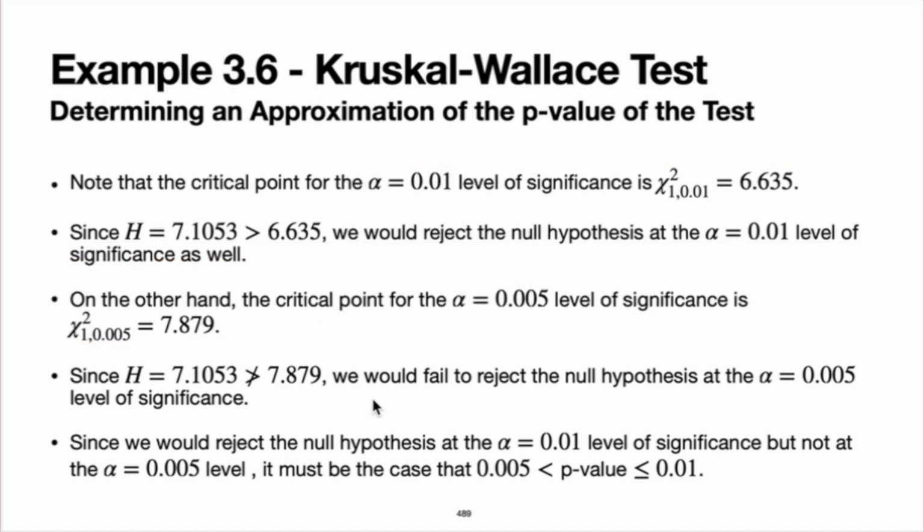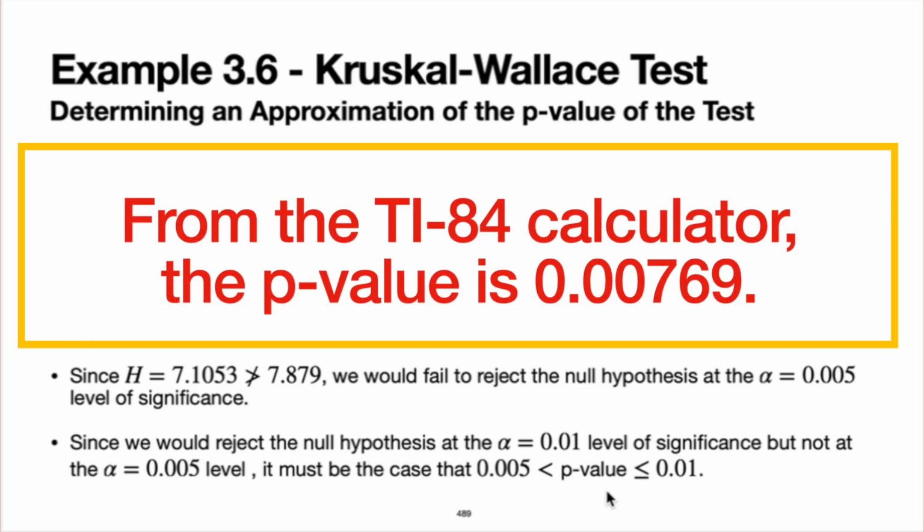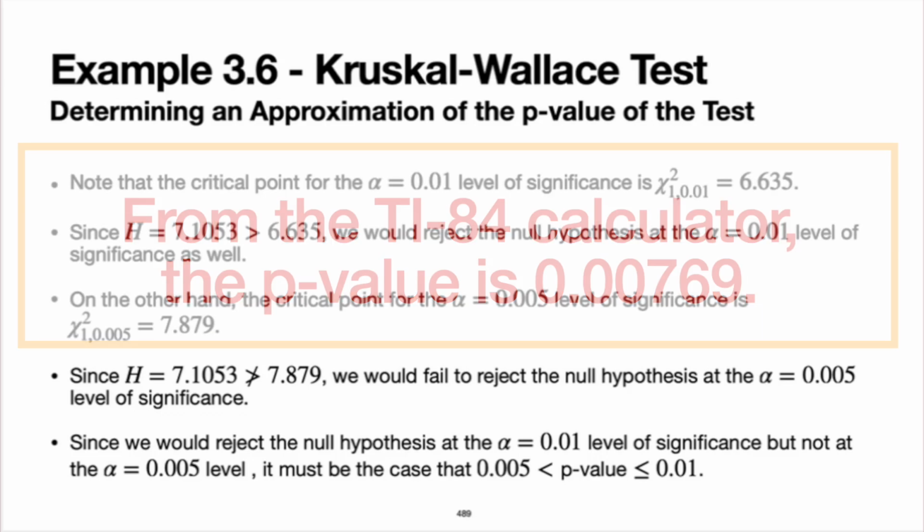Since we would reject at the 0.01 level but not at the 0.005 level, we can conclude that while we don't know the p-value exactly, we do know for a fact that the p-value for this test is greater than 0.005 and less than or equal to 0.01. That's useful to know.